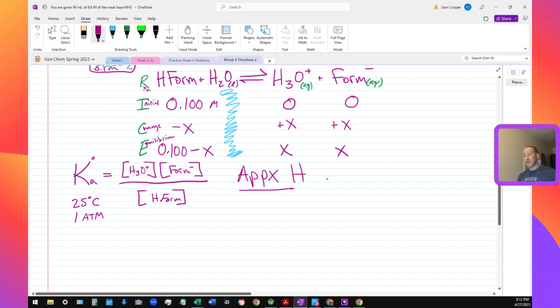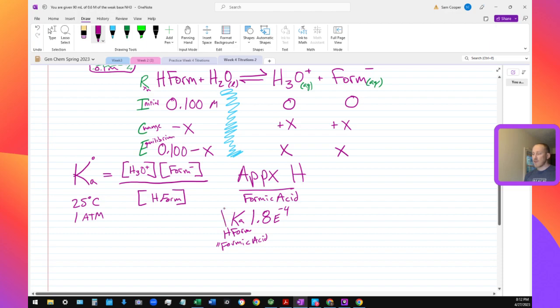I'm sure if you mess with those, you could change your Ka values. But from Appendix H of our book for formic acid, or again, from hopefully any source, the Ka of formic acid, which I'll write in both ways, is 1.8 times 10 to the minus fourth.